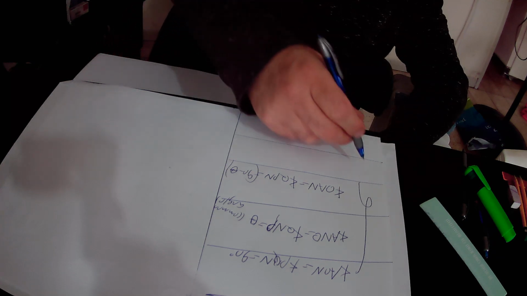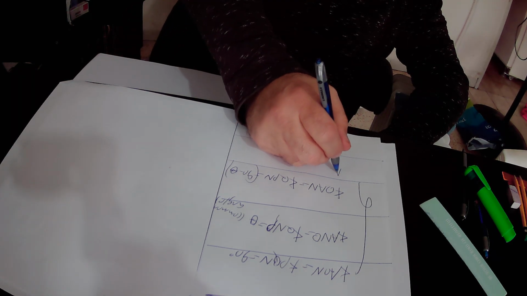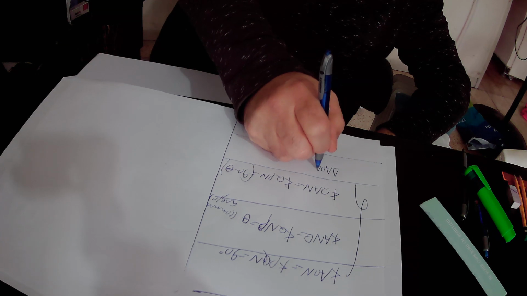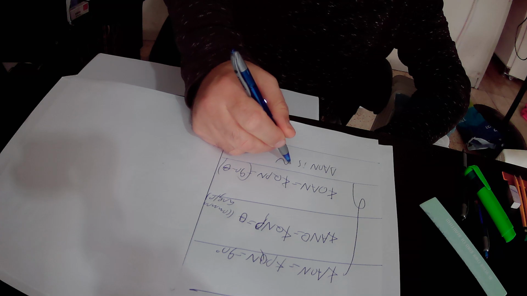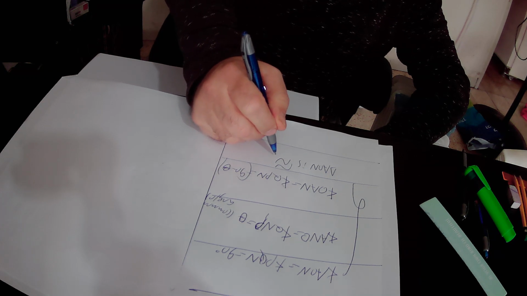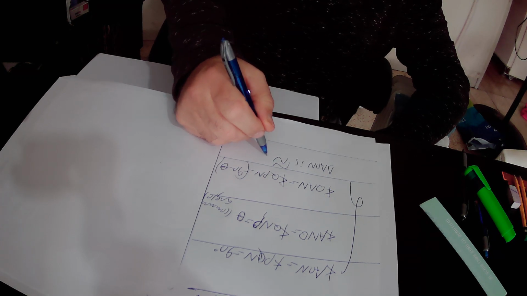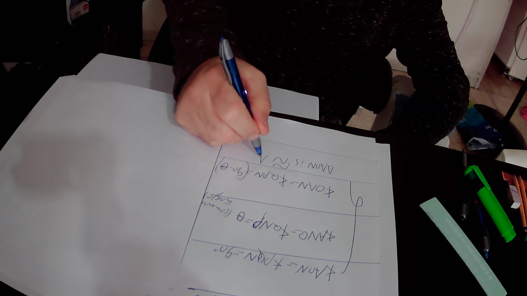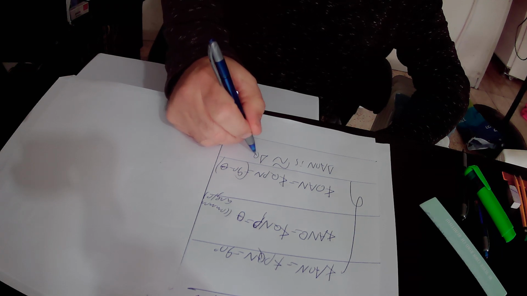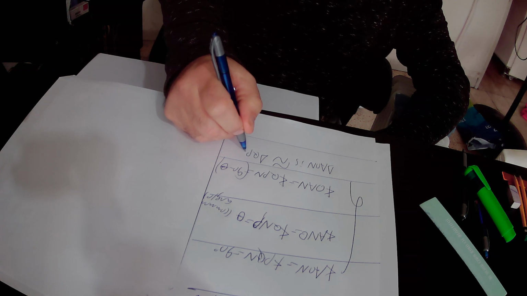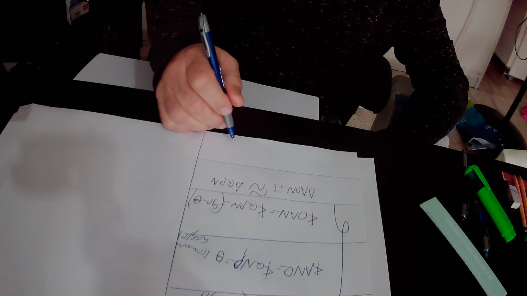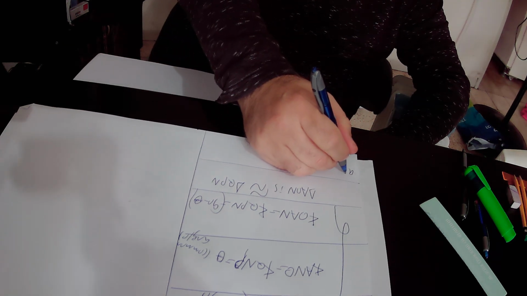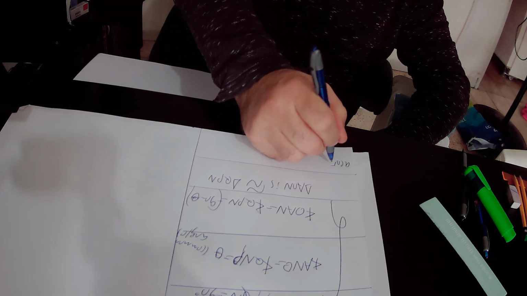So I write it down: the big right triangle AON is similar, this is the sign of similar, to the small right triangle QPN, and they are similar according to the angle similarity rule.